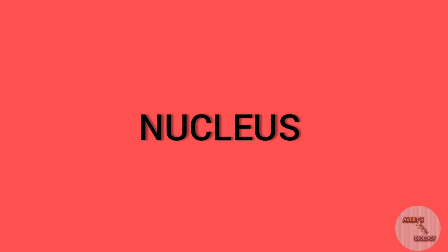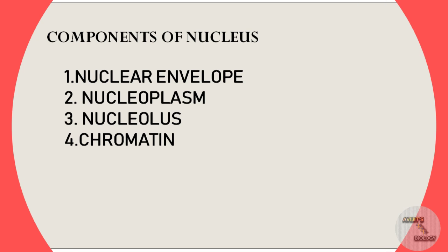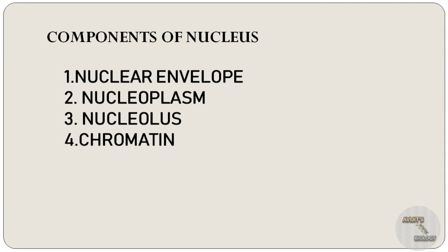Nucleus contains the DNA or the genetic material. This nucleus is made up of four components, and they are the nuclear envelope, nucleoplasm, nucleolus, and the chromatin.